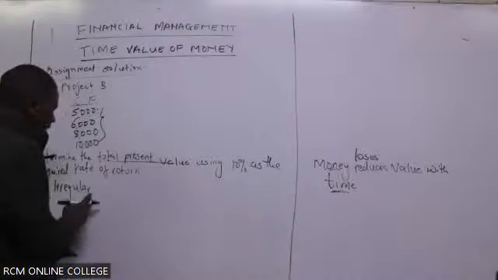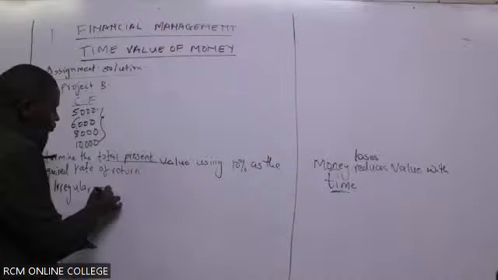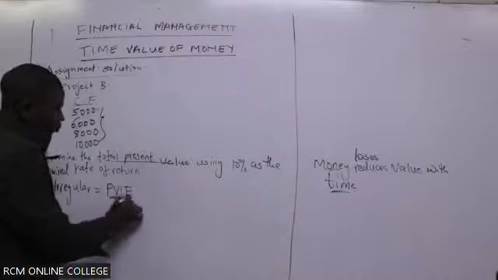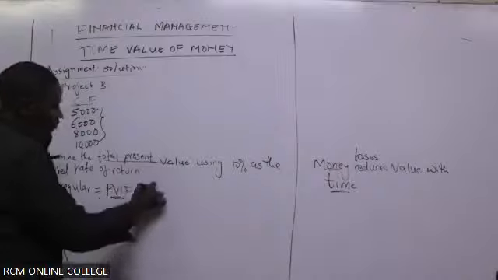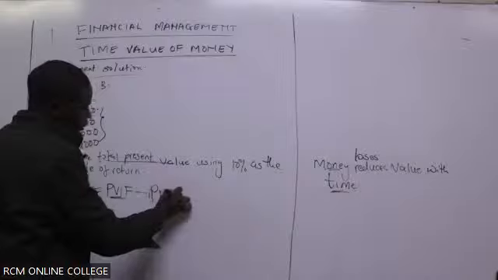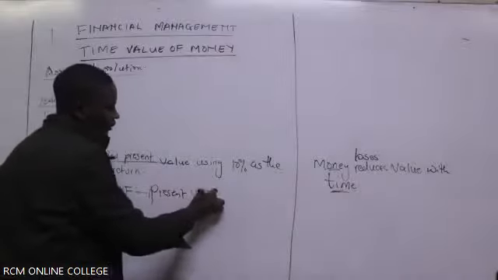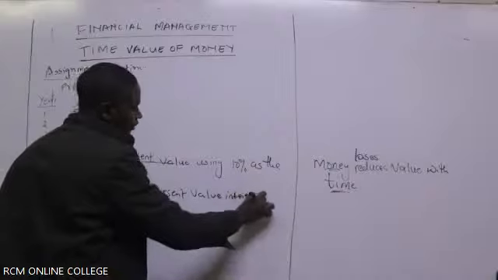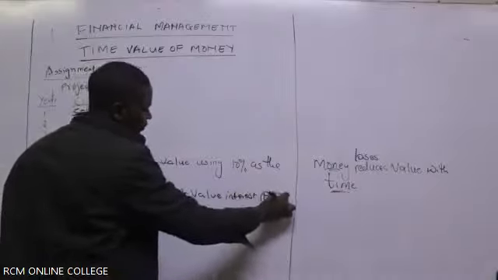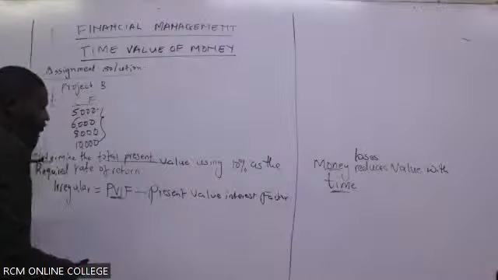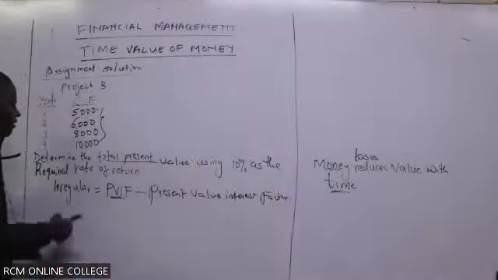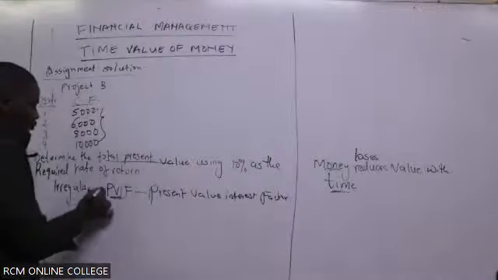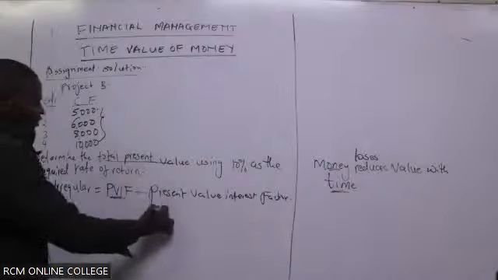Therefore, for the irregular cash flow, we discount using PVIF, the present value interest factor. That is a factor that will assist us to convert this cash flow from future to present.